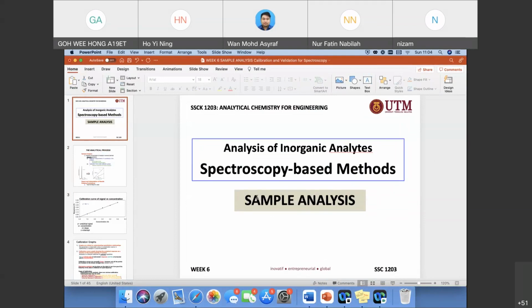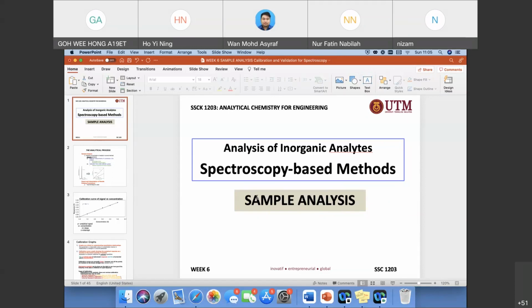last week we looked into the sample preparation for spectroscopic methods. So now we are going to look into the sample analysis. It means that we have gone through how to handle the sampling process during chapter 1, and then you looked into how to do the preservation and the storage, and then all of the instruments, the UV visible, flame AAS, and then ICP-MS.